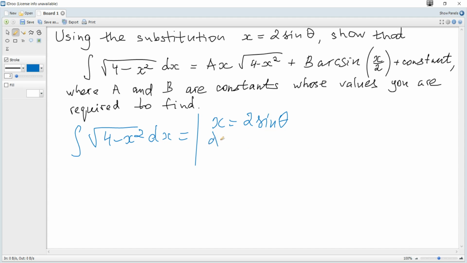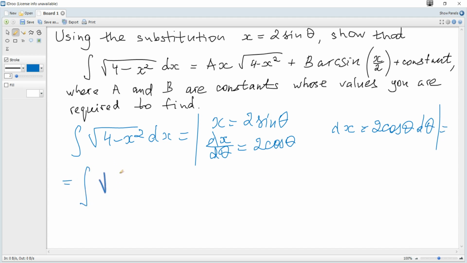Next, dx over d theta is just 2 times cosine of theta, hence dx is 2 times cosine of theta d theta. Hence our integral becomes the integral of root of 4 minus 4 sine squared of theta, and dx is 2 cos of theta d theta.